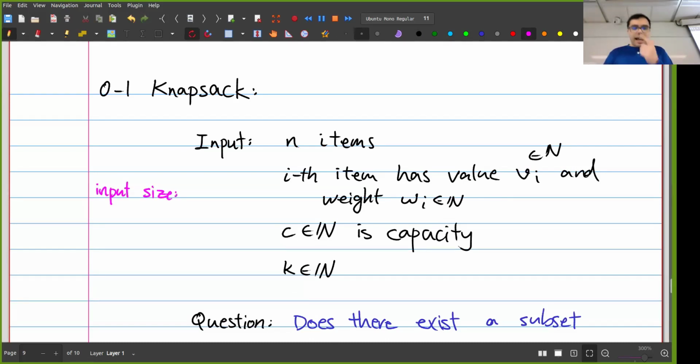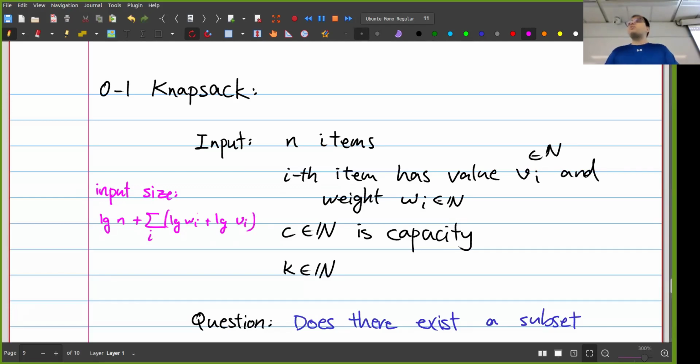Well, first I have n, and in order to write n, I need log n bits to write it in binary. And then I have all of these items, and for each one of them, I have a value and a weight. So this is the sum over every i of the log of w_i plus the log of v_i.